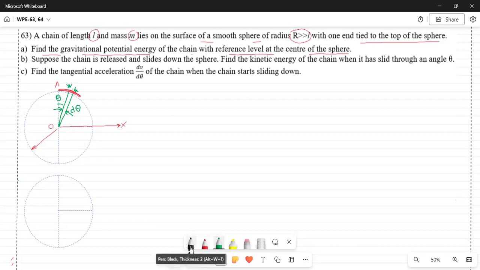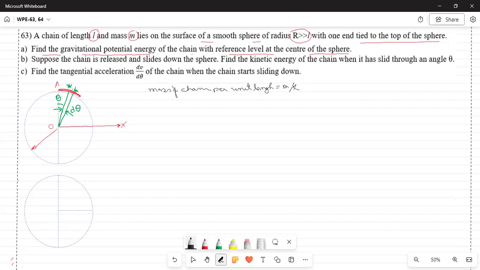Now, mass of chain per unit length is equal to M by L. Right?